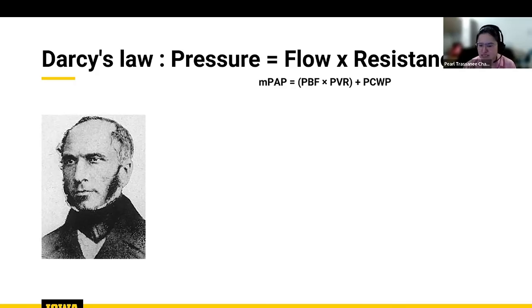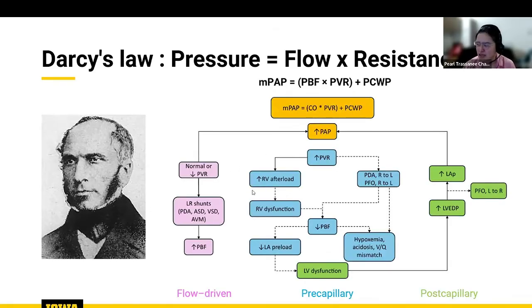In physiologic terms, this can be expressed as the following equation, which is the relationship between mean pulmonary arterial pressure, pulmonary blood flow, pulmonary vascular resistance, and PCWP, pulmonary capillary wedge pressure, which approximates left atrial pressure. Clinically, this principle helps to distinguish between elevations in pulmonary arterial pressure that are driven by increased flow versus those resulting from elevated PVR or elevated LA pressure.